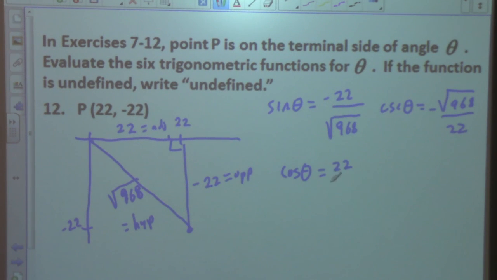So we have 22 over square root of 968. And our secant theta is going to be square root of 968 over 22. Tangent theta is going to be negative 1. Cotangent theta is going to be the reciprocal of negative 1, which is also negative 1. So that's going to be it.